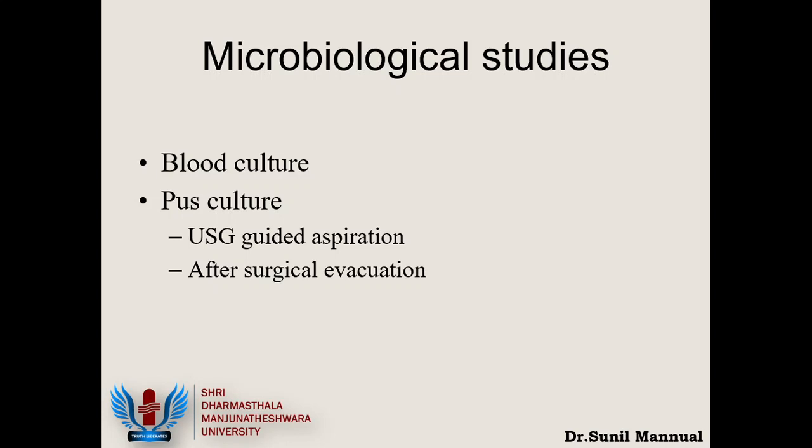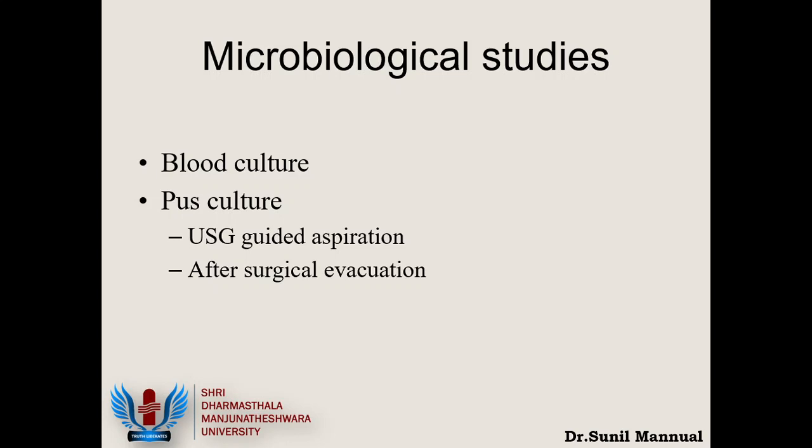Now what about pus culture? Pus will be obtained only when you take up the child for the surgical evacuation. Sometimes we may decide not to take up the child for surgical evacuation. The reasons for that I will tell you later. In such cases, we can use an ultrasound-guided pus aspiration, where we use the ultrasound to guide us to the subperiosteal abscess and aspirate the pus.